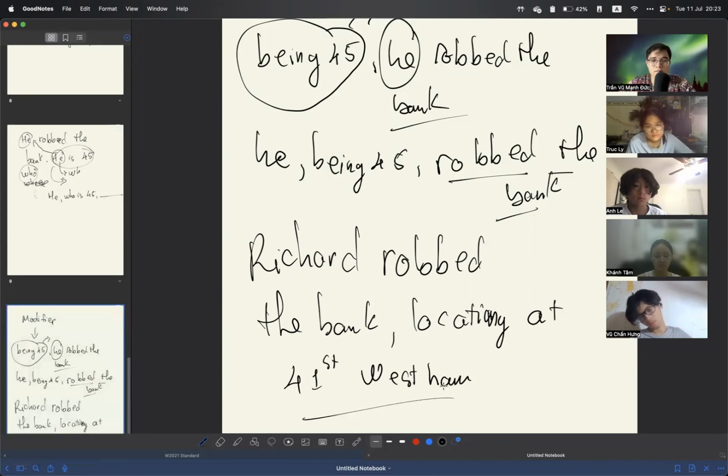If I say this, what is the word being defined? What is the word being supported in this case? Can you tell me what it is, Hung? What is the word that is being defined? The bank.